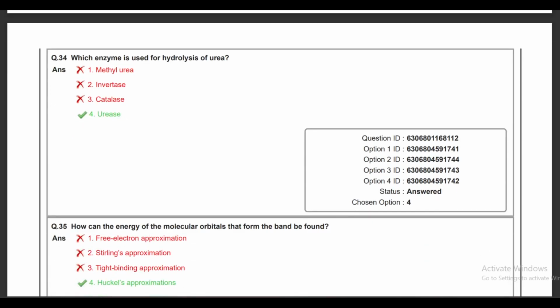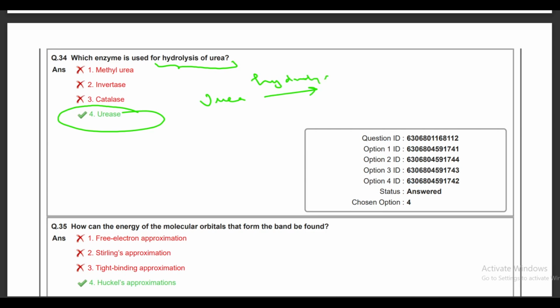In the next question, which enzyme is used for the hydrolysis of urea? The correct answer is urease. Urease enzyme is used for the hydrolysis of urea, and it converts urea into carbon dioxide and ammonia.